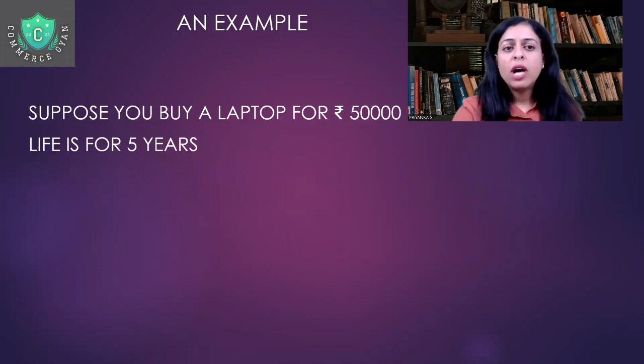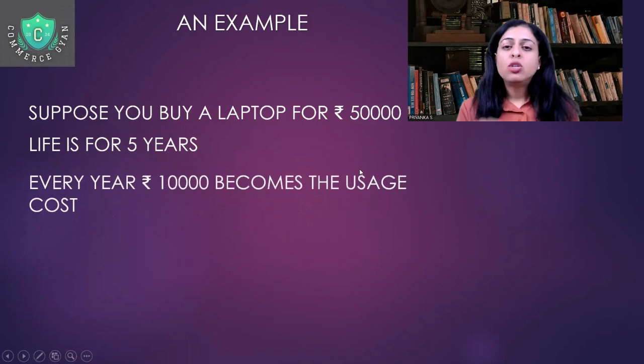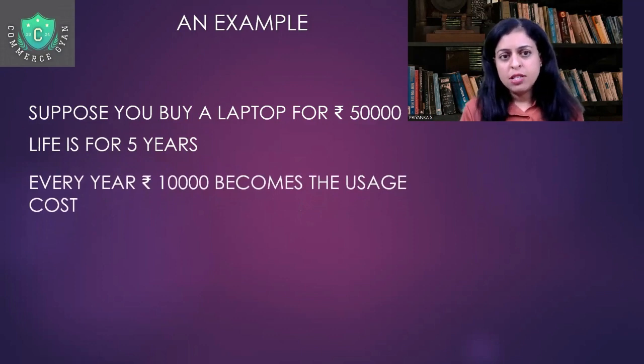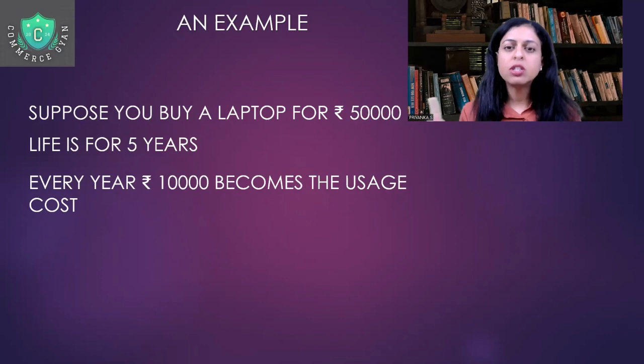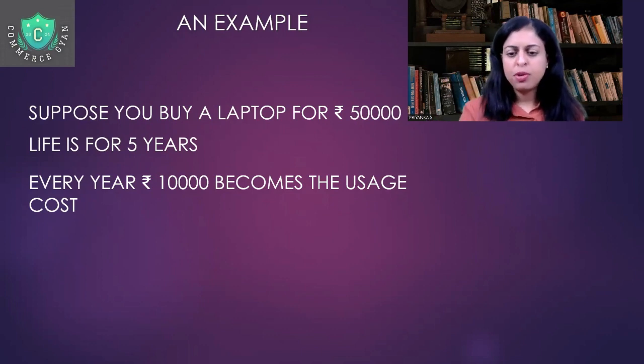It will be equivalent to 10,000 per annum, isn't it? So if the laptop is 50,000, its life is 5 years. Every year, how much is the usage of that laptop? It is going to be 10,000 per year, right? 50,000 divided by 5, 10,000 per year will be the usage cost of that particular laptop.